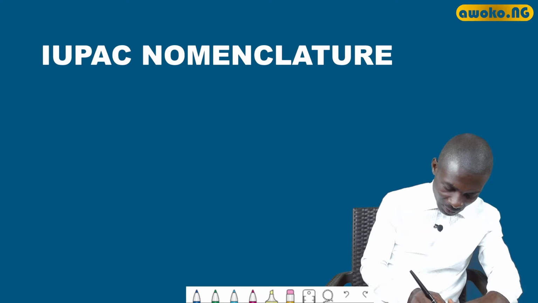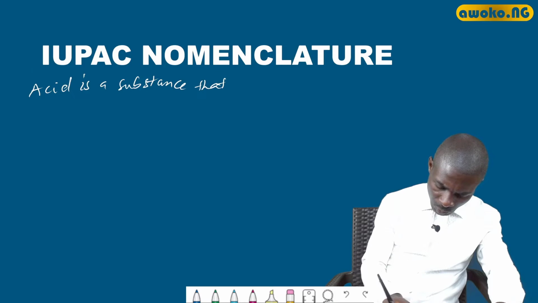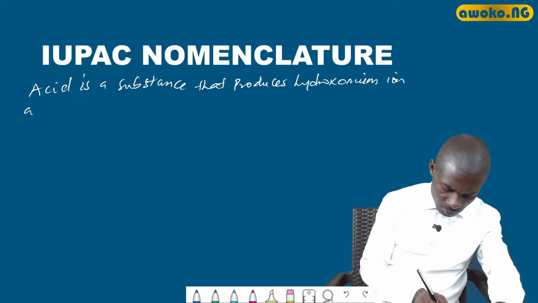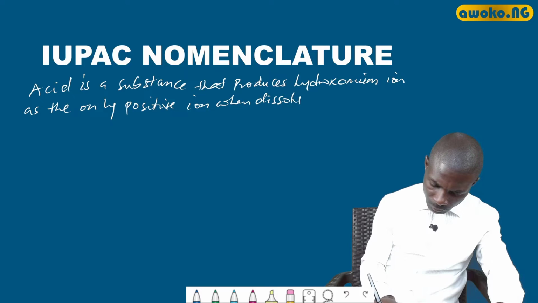So an acid is a substance that produces hydronium ion as the only positive ion when dissolved in water.